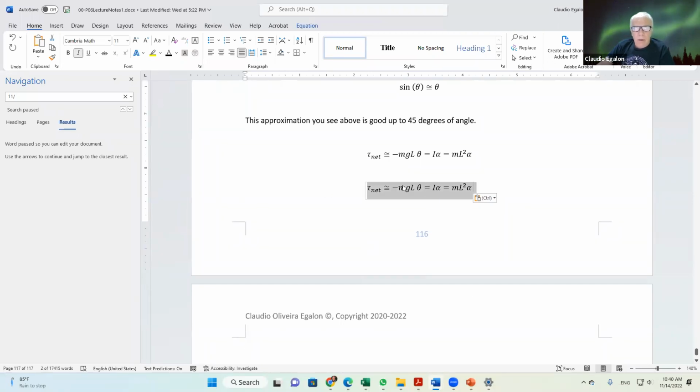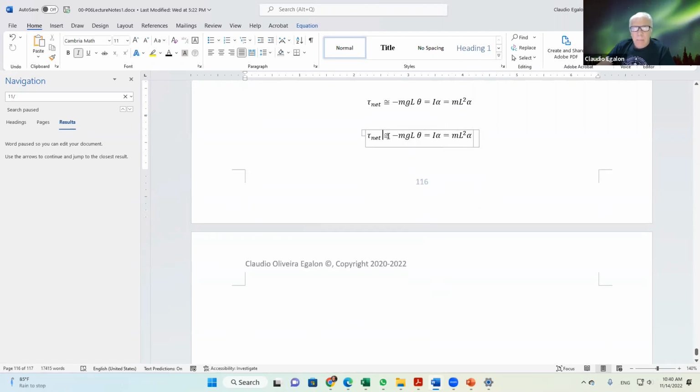Now compare this relation here, and by the way, don't forget, I'm going to put approximate here as well. What you have there is an angular force, right? Recall that we also have a similar relation for a linear force, which is mass times acceleration.